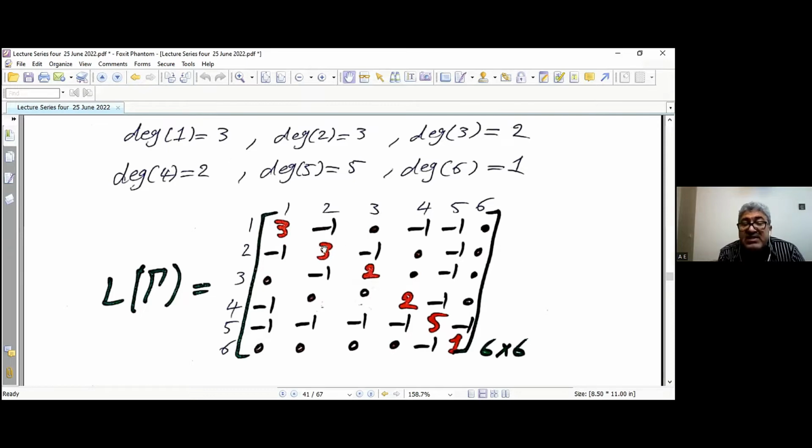And the second 3 is for the degree of vertex 2, and 2 for the degree of vertex 3, the second 2 for the degree of vertex 4, 5 is the degree of vertex 5, and 1 is for the degree of vertex 6. Now look at the other entries. For example, look at entry 2 and 3.